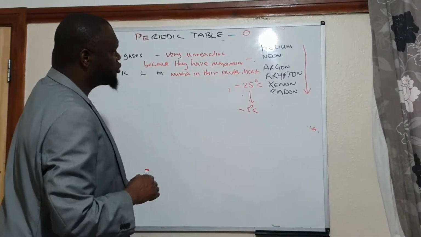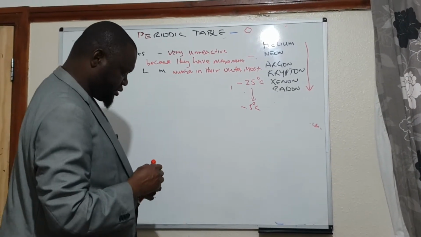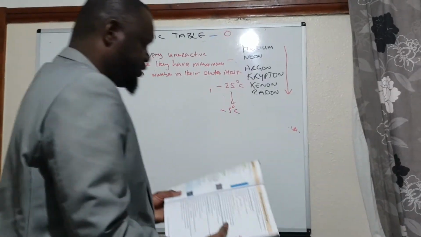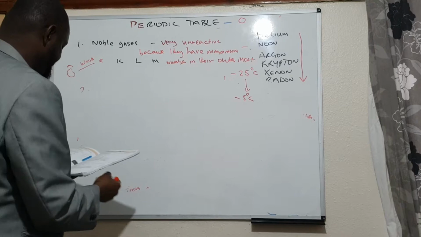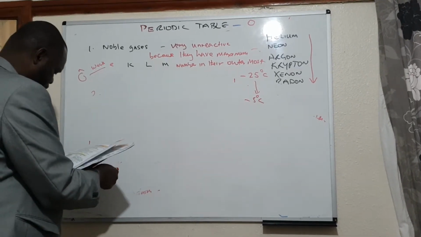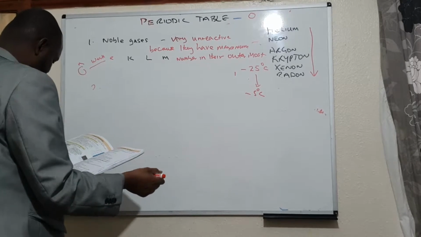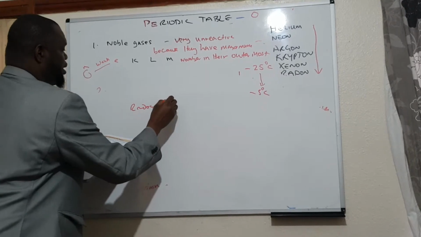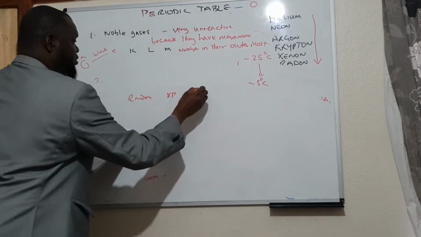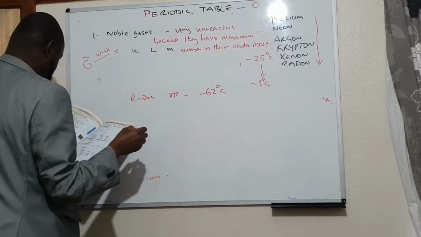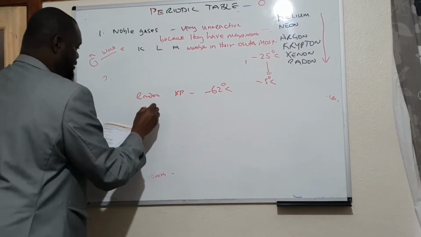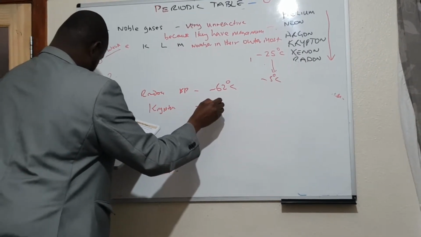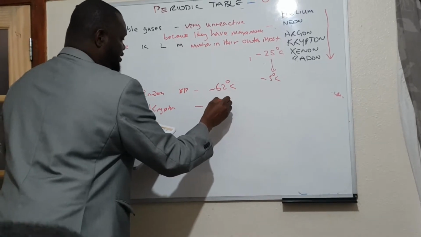So, another question. Let me show you a question here. It says that radon has a boiling point of minus 62 degrees centigrade, and krypton has a boiling point of minus 150 degrees centigrade.